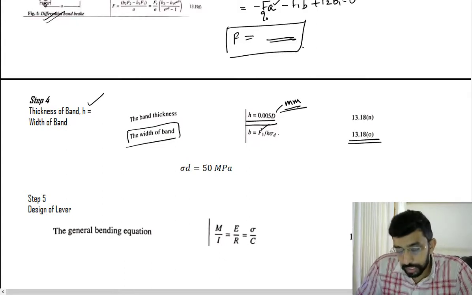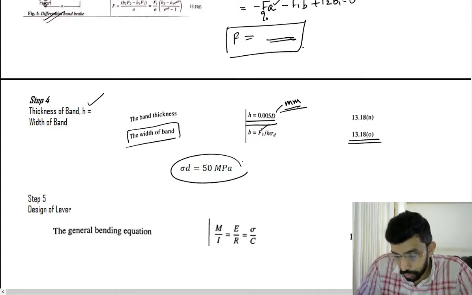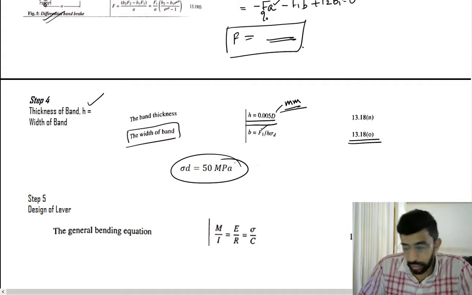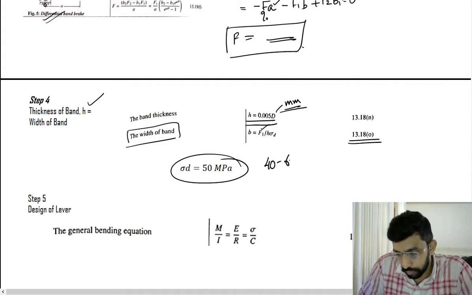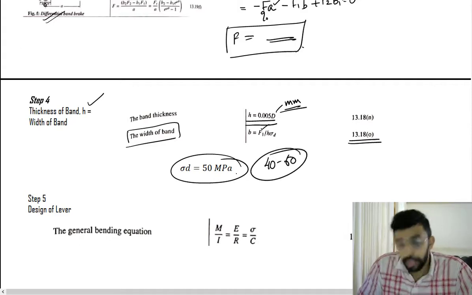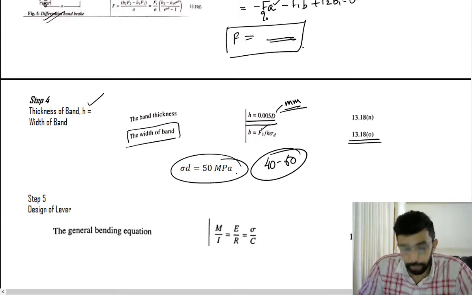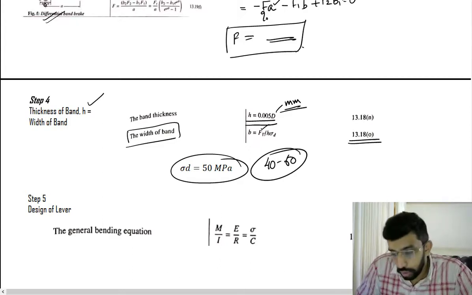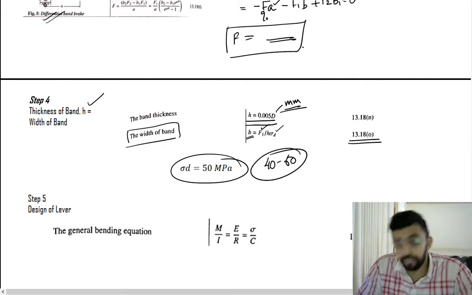F1 is the tight side tension. Sigma D we will assume, since it is a fabric type of material, some 40 to 60. This is the normal range of assumption. If it is given in the question, use that value for the band. So F1 you have calculated, H you have calculated in the previous step, sigma d we have assumed, and we will get the value of B.